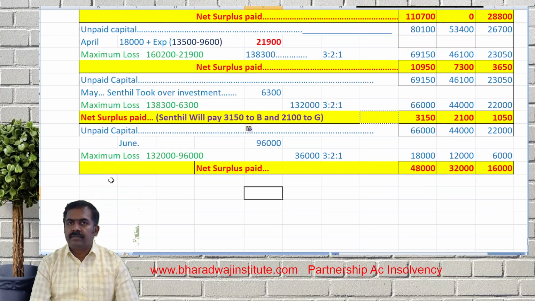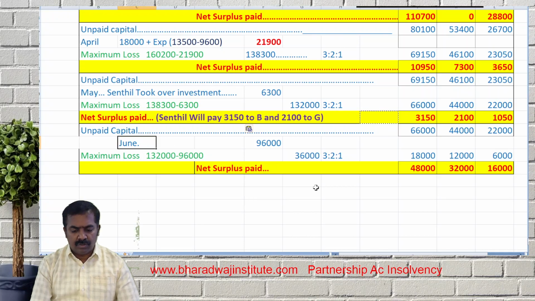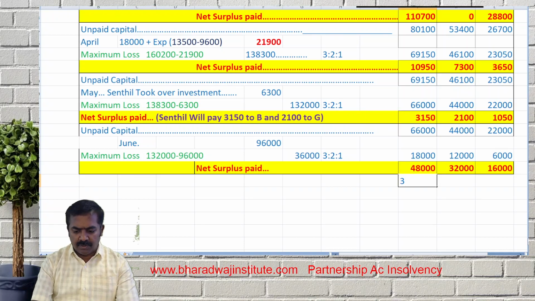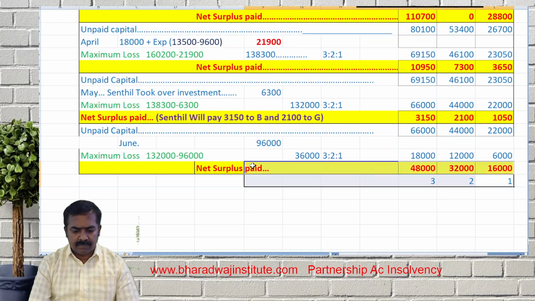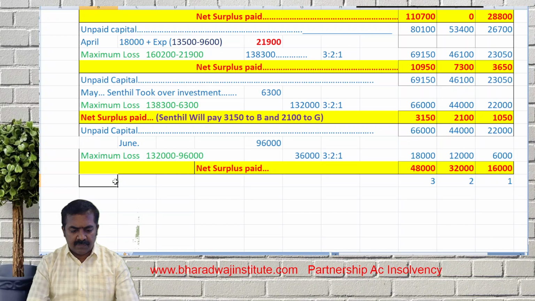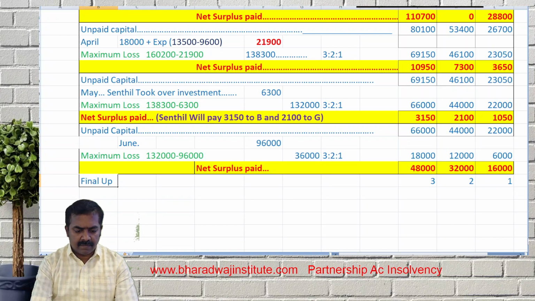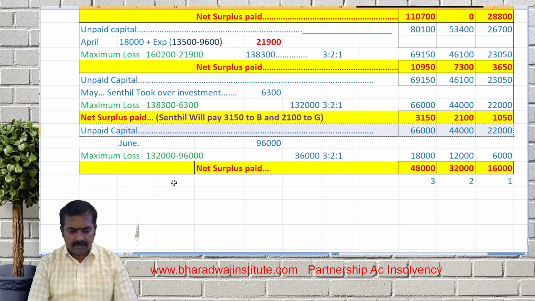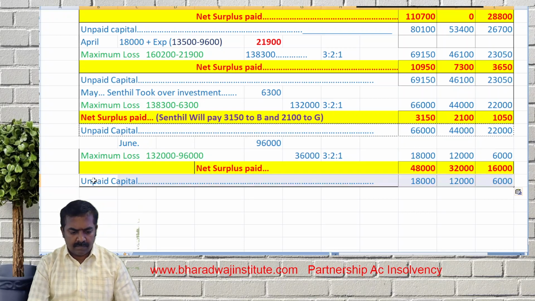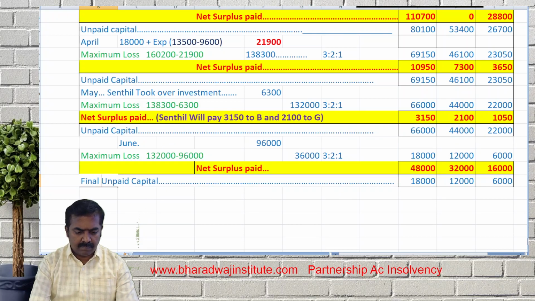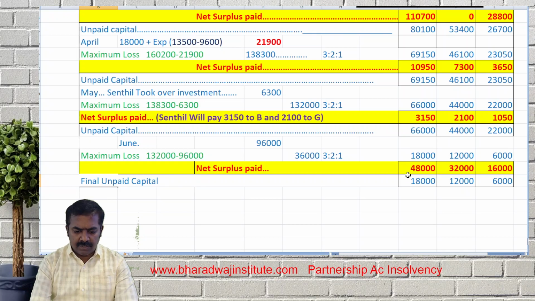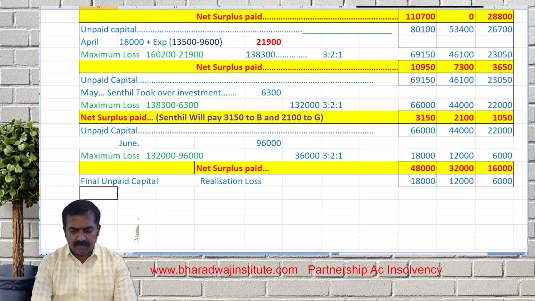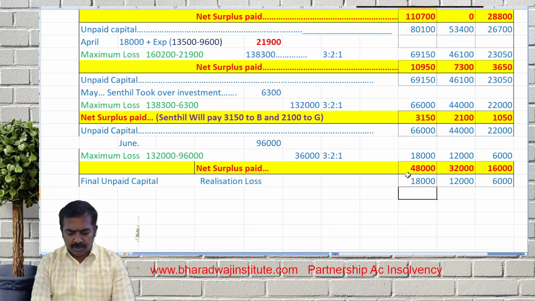That's all. Any more relationship? No. We checked whether this is in the 3:2:1 ratio. Otherwise, final unpaid balance. This is also known as a realization loss. It will be in the ratio of 3:2:1.